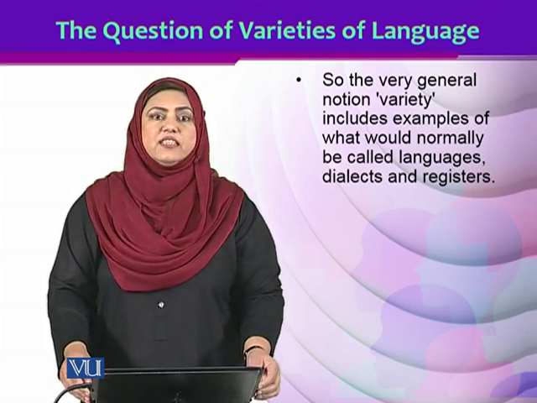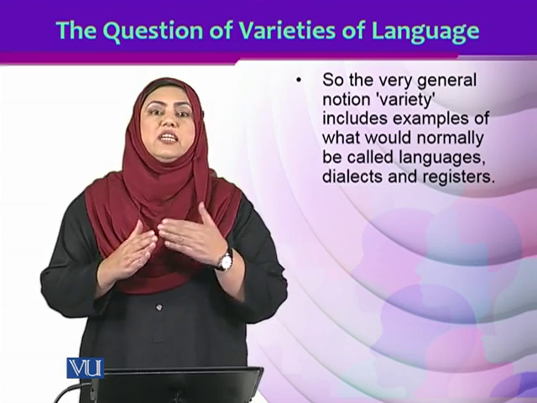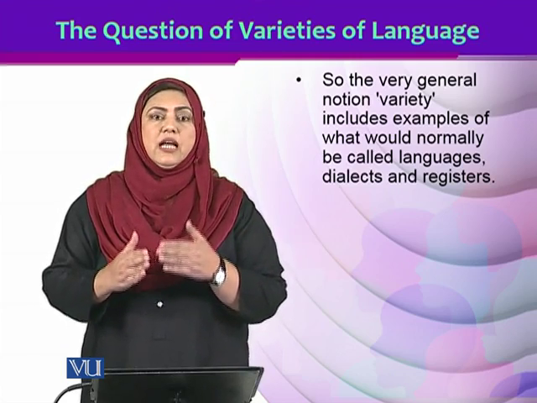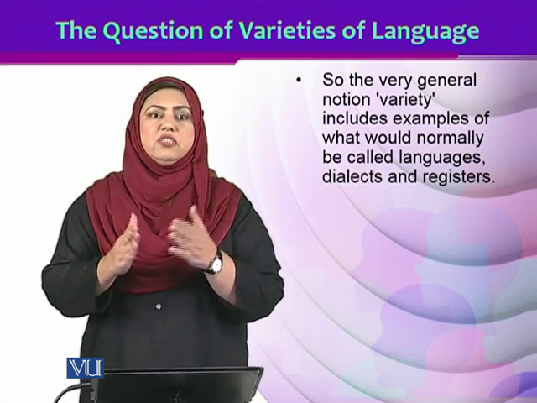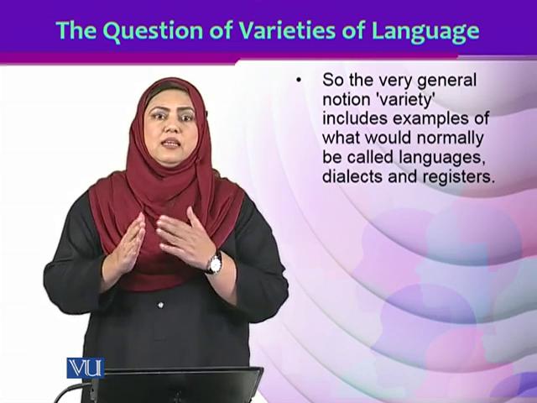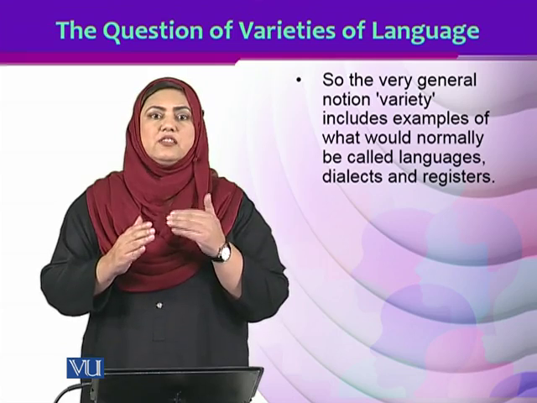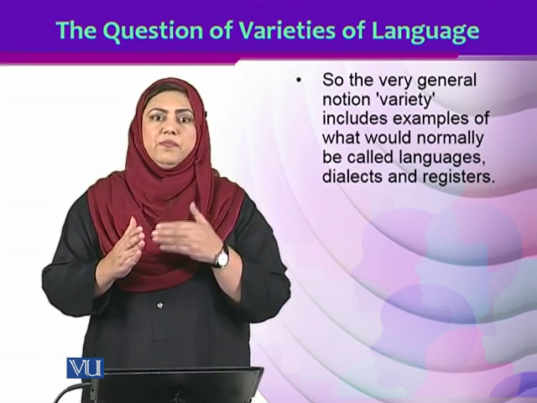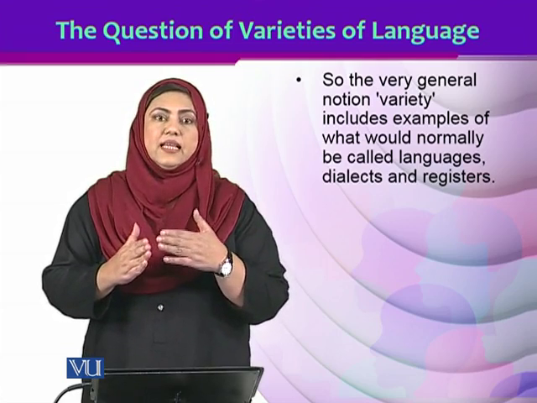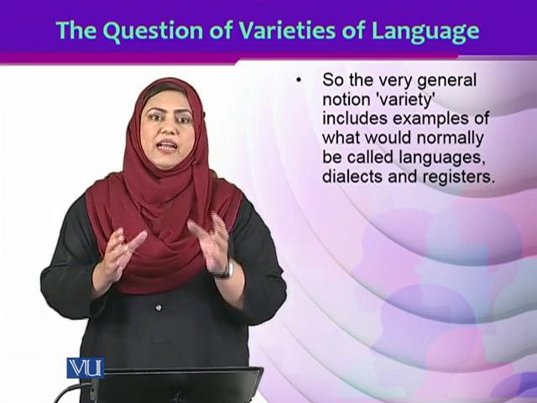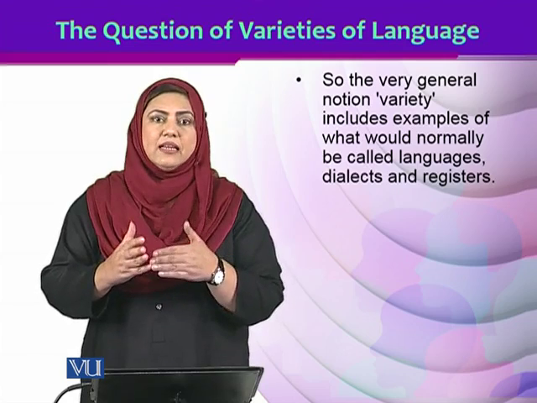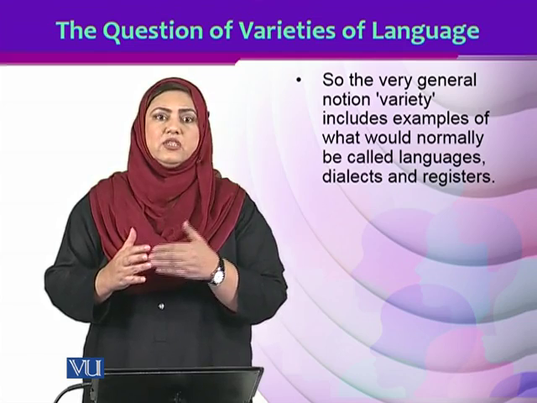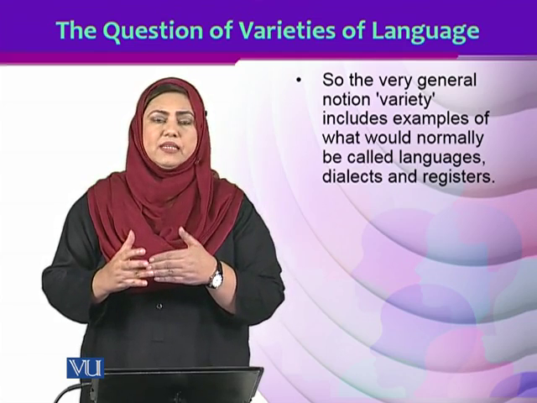So, for example, a particular language that you use is an idiolect, an individual's language. A particular variety of a language that is used in a particular social class or in a region is a sociolect or a regional dialect, whereas there are then languages, varieties within languages, American English, British English, Australian English, and for that matter, Indian English or Pakistani English.